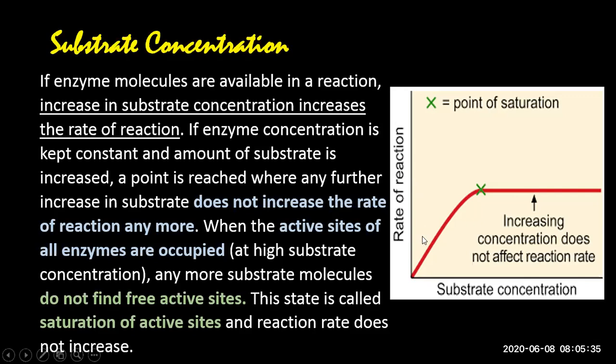Initially, when you increase the substrate concentration, the rate of enzyme catalyzed reaction will increase. The speed of the reaction is increasing to a certain limit, and then there will be a time when the rate of reaction is not increasing. Reaction is happening, I mean, the substrates are converting into product, but they are not increasing the speed of reaction.